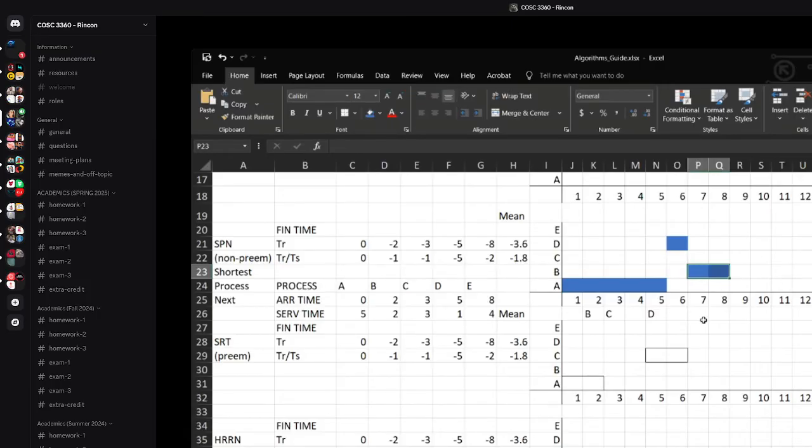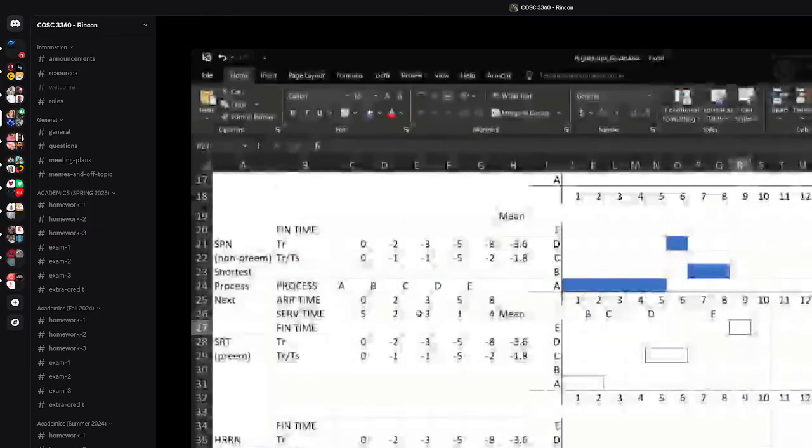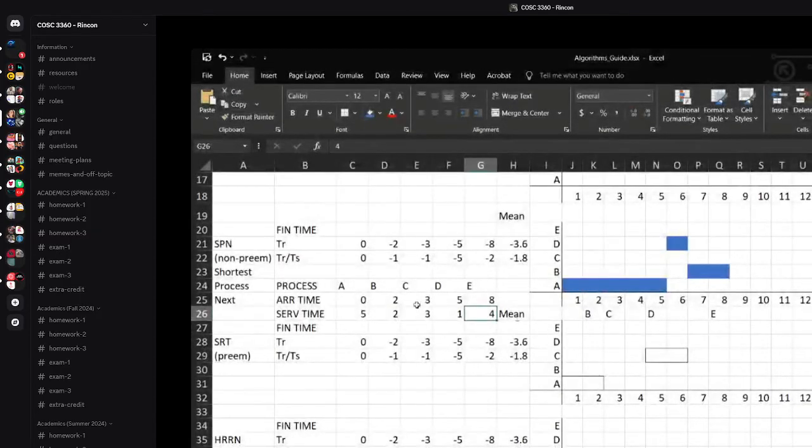Okay, so at time 8, E gets introduced in the queue, because process E has the arrival time at 8. So at this time, every process is already in the queue now. And the only processes that have not run yet are C and E. So between C and E, which one is shorter?